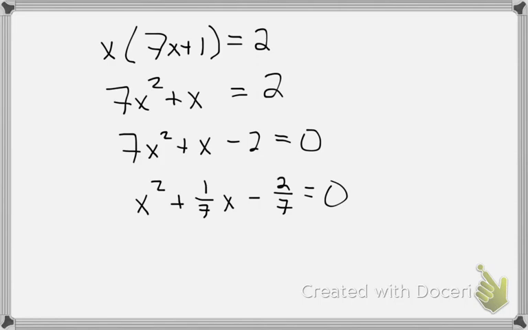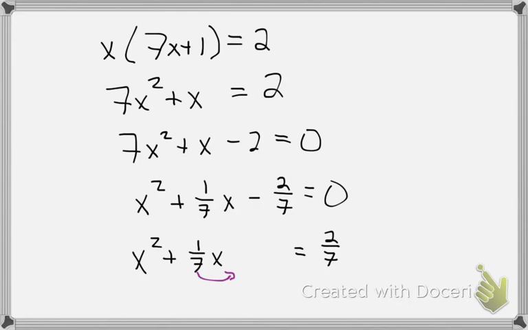Now what? I will add that 2/7 to the other side, exile the constant, get those variables isolated. So x squared plus 1/7 x equals 2/7. Now what? Half of 1/7, squared.